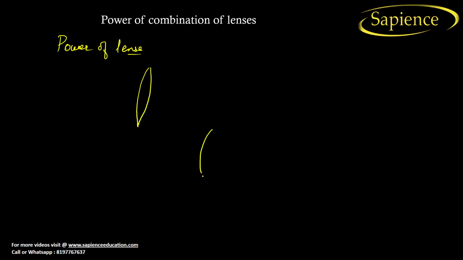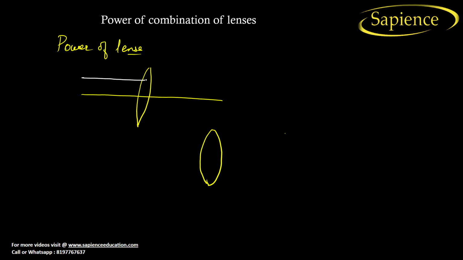There are two lenses, one is a thin lens and another is a thick lens. So what happens, there is a thin lens and then there is a thick lens. Let us consider a ray of parallel beam of light.